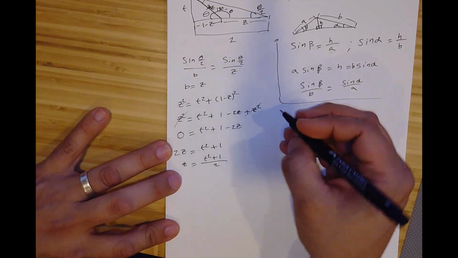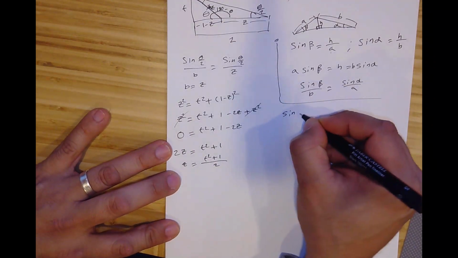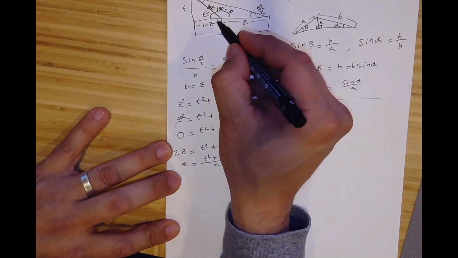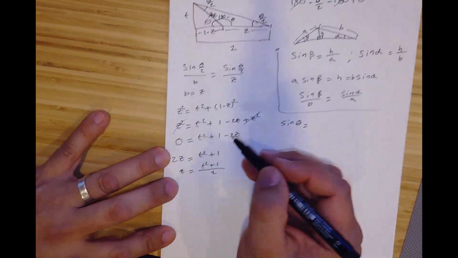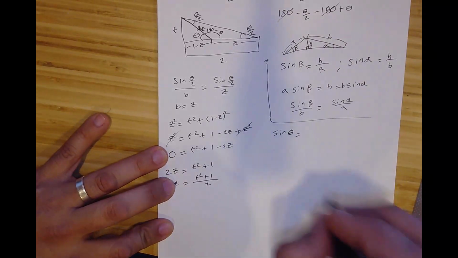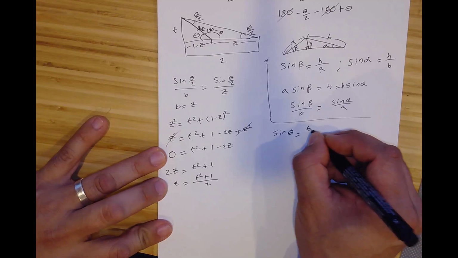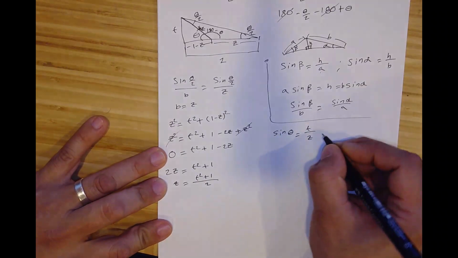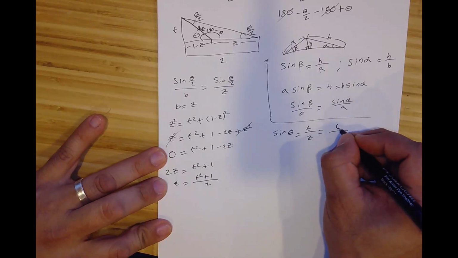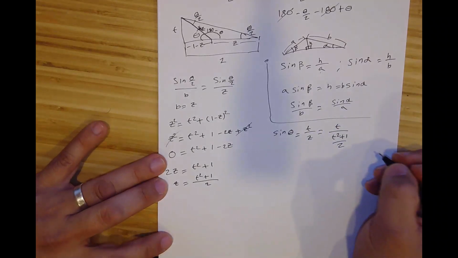And what is the sine of theta here? It will be the opposite side over the hypotenuse, right? So this is t over c, which is t over (t squared plus 1) over 2, right?